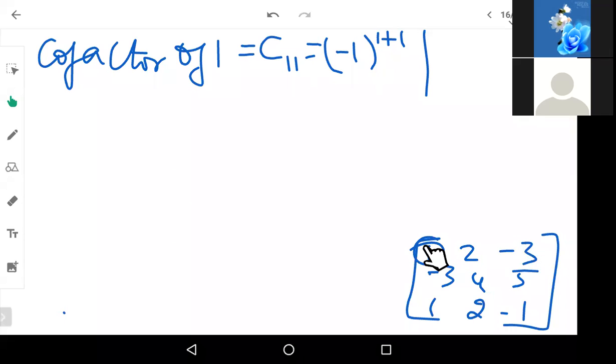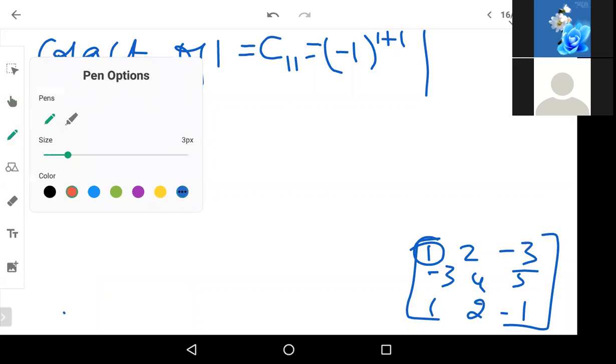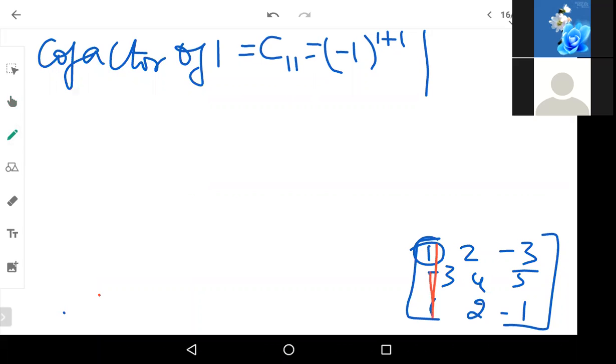Just because we have solved a 2 by 2 matrix, we should not stick with the same thing. So here, we will delete the first column and first row, and what is remaining? 4, 5, 2 and minus 1. So 4, 5, 2 and minus 1 is the minor.